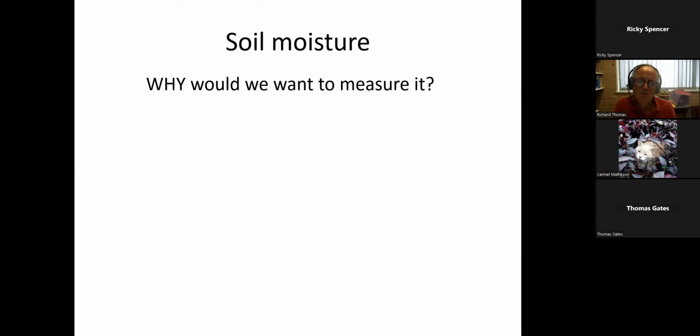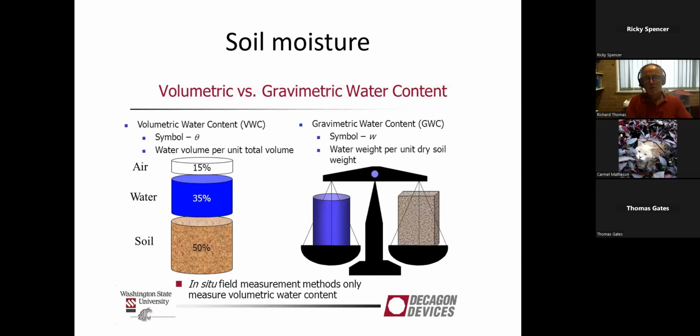Why do you want to measure the soil moisture? Well, the soil moisture is about 35% of healthy soils. The mineral component's about 50, and the rest of it's air. The soil moisture content determines the soil water holding capacity, and the more we can increase the soil water holding capacity, the more healthy the soil is.